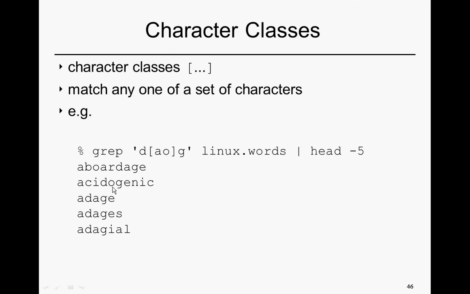Here's a line with DOG, another DAG. So here we're matching a single character drawn from one of the characters included within the square brackets.